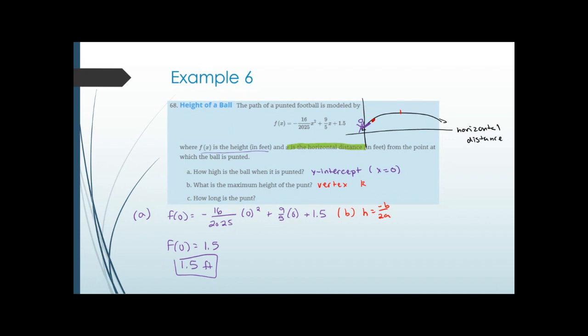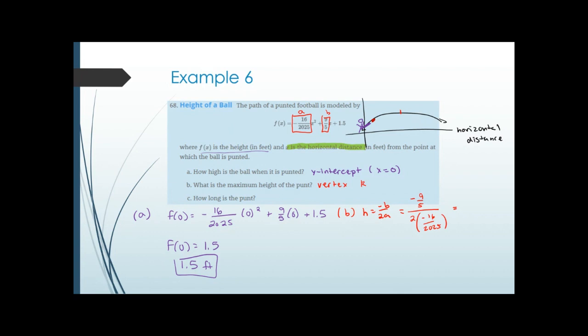Now, in this case, we've got some really nasty things to work with. We've got these fractions, and they're gross. So b is 9/5, and we have this really gross value for a. So negative b, so this is negative 9/5 over 2 times negative 16 over 2025. So I would just use a calculator to make that easy.